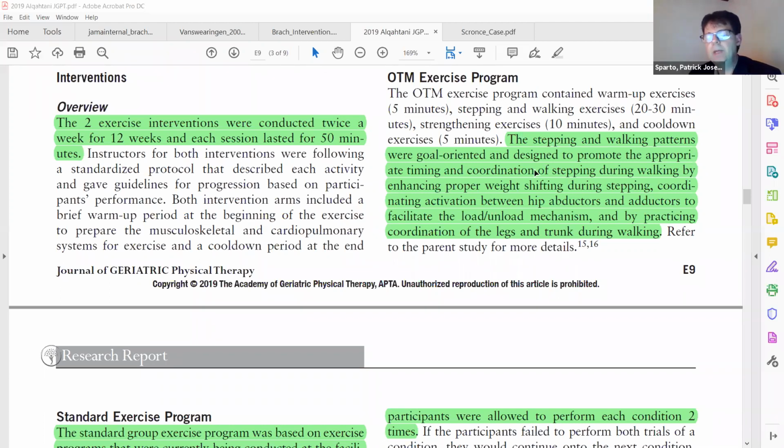So the key ingredient here were the stepping and walking exercises.